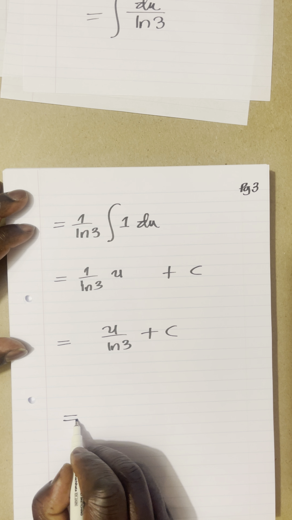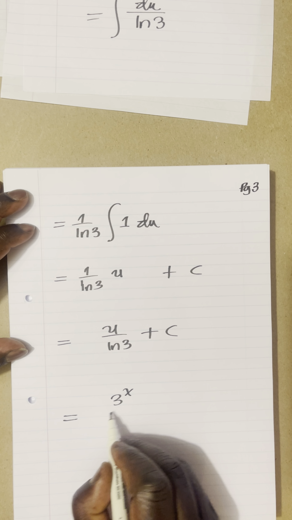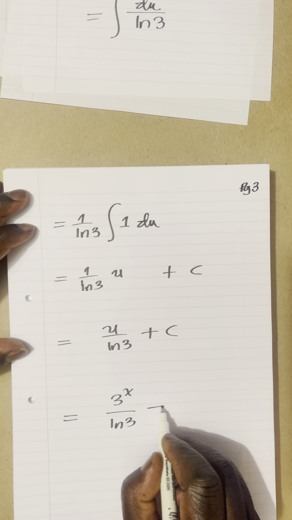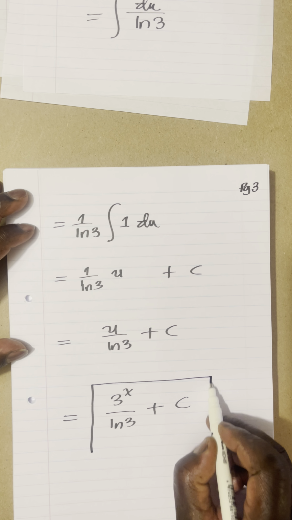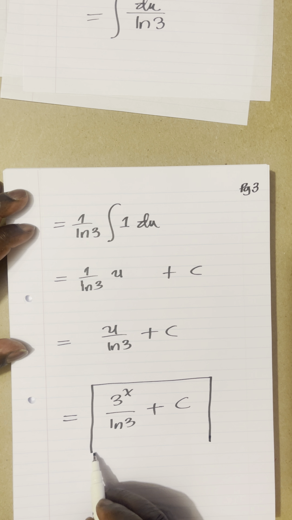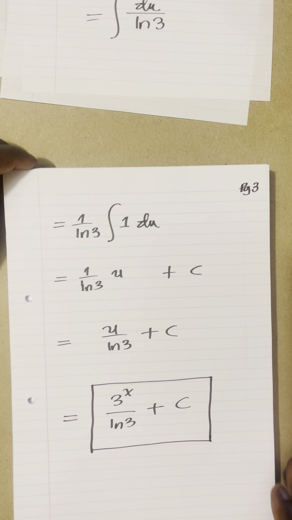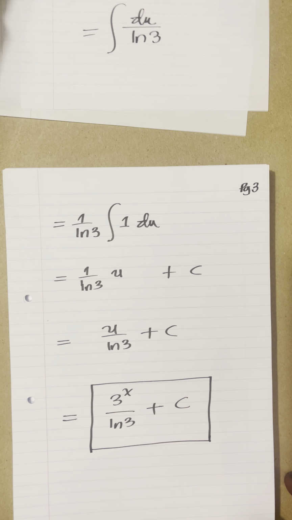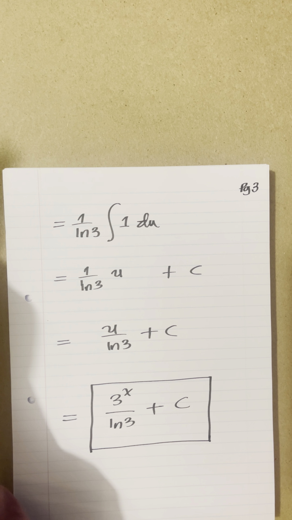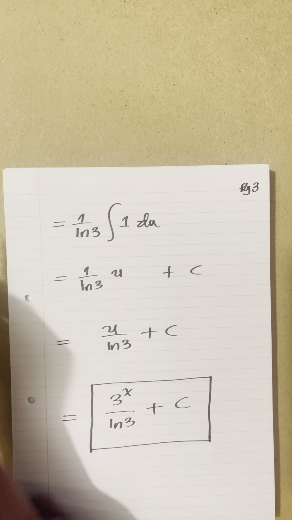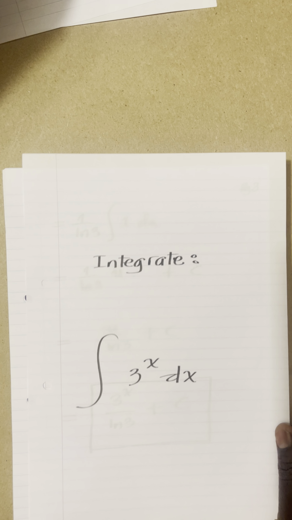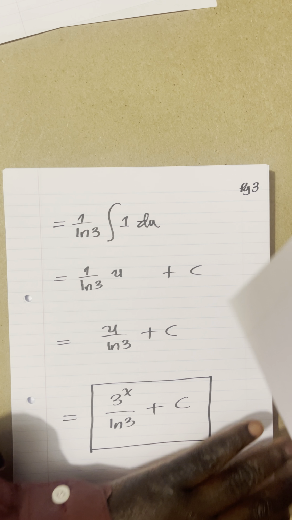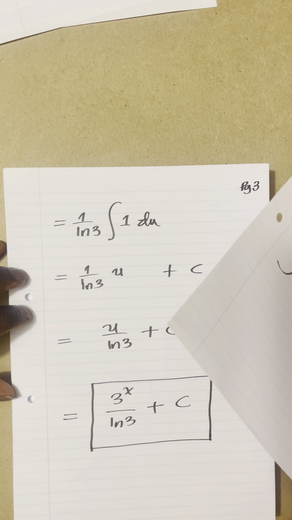So finishing up, this is 3 power x all over natural log of 3 plus c, our final solution to the integral we've been looking at today, the beginning of exponential integrals I'm going to be involved in. So I'll just remind you, the integral we've been looking at today is the integral of 3 to the power x dx, evaluating to 3 power x over natural log of 3 plus c.